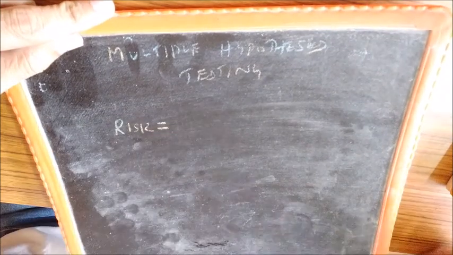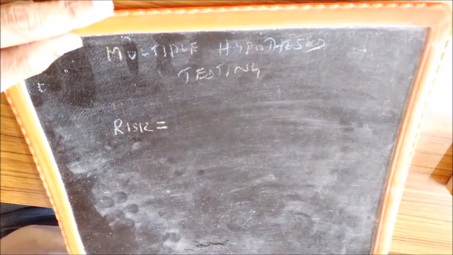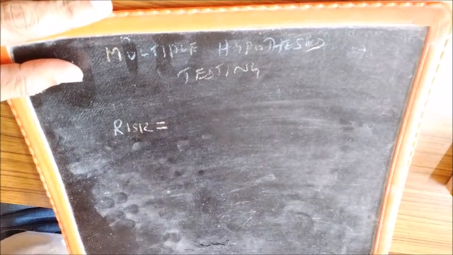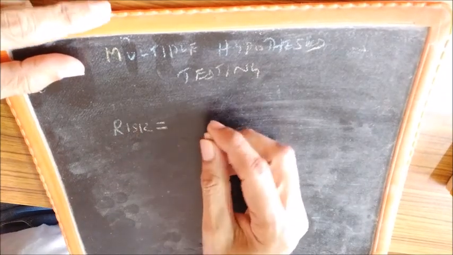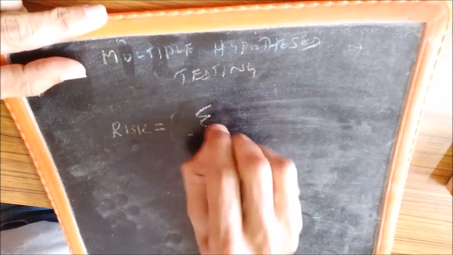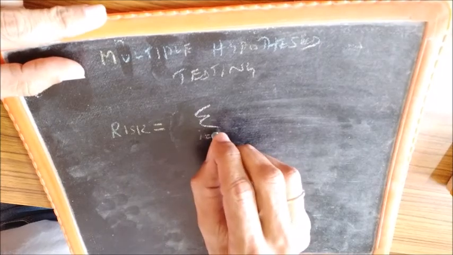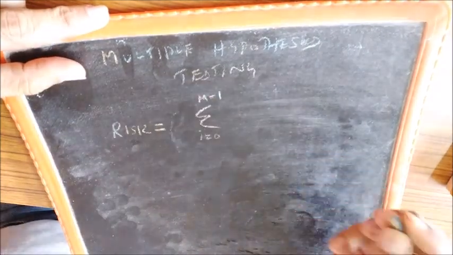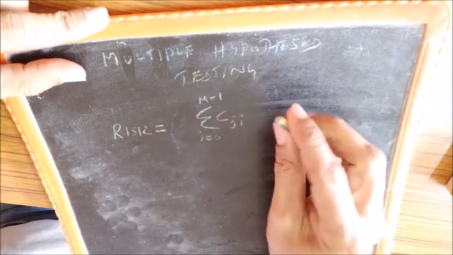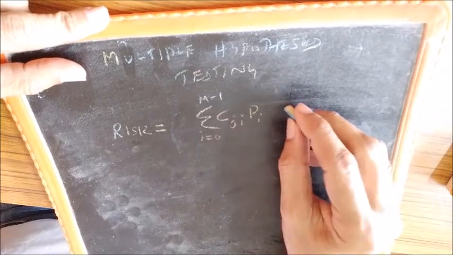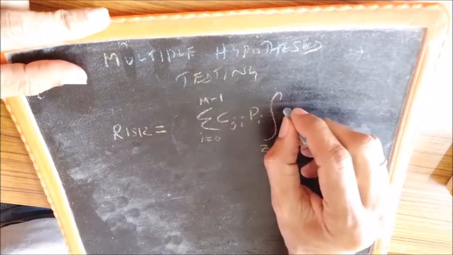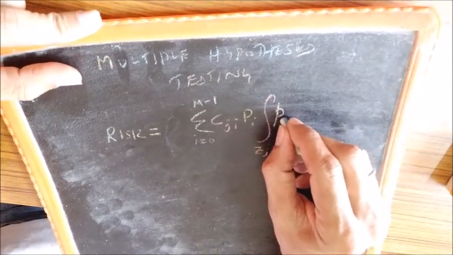So I can write the risk, generalizing the risk in binary hypothesis testing and understanding, as we did just now, that there are M square costs, as the sum over i equal to 0 to M minus 1 of Cji Pi times the integration over the region. This is nothing but a generalization of binary hypothesis testing.